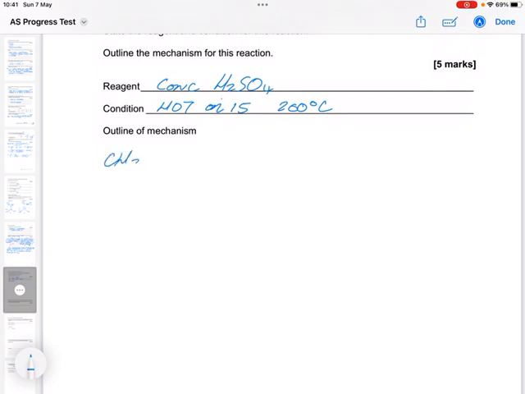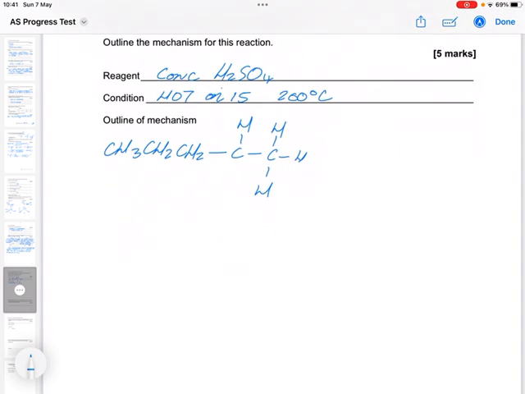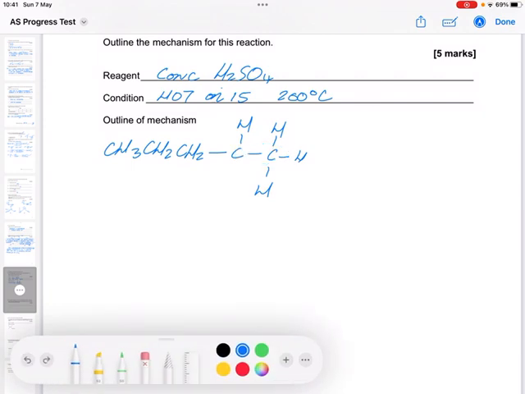So it's pent-1-ene, so the double bond is going to form in this area here, which is why I've displayed the hydrogens to the left of it.